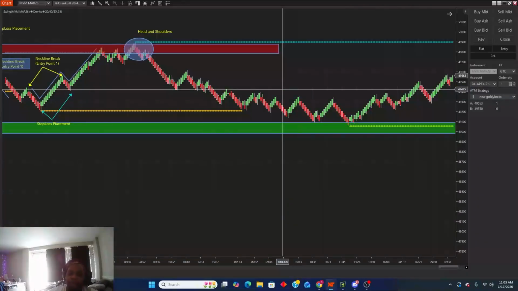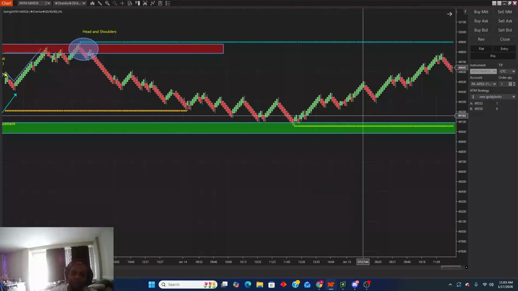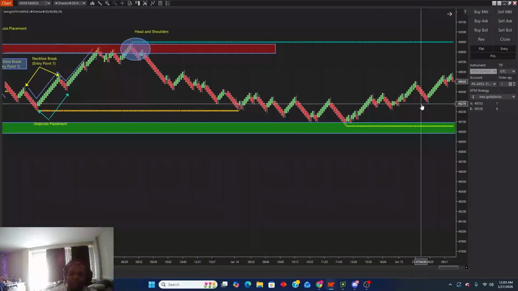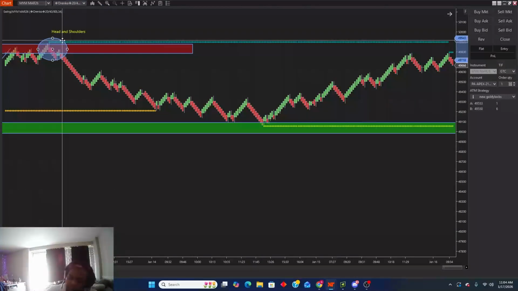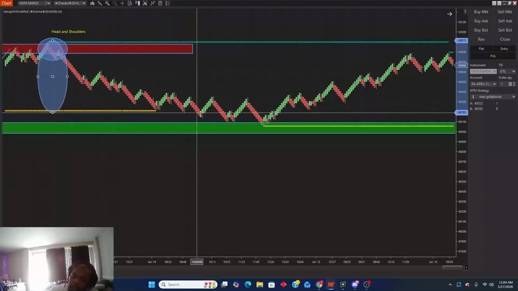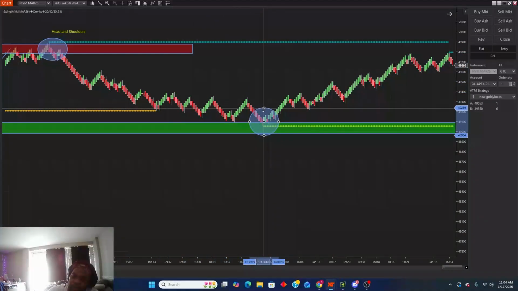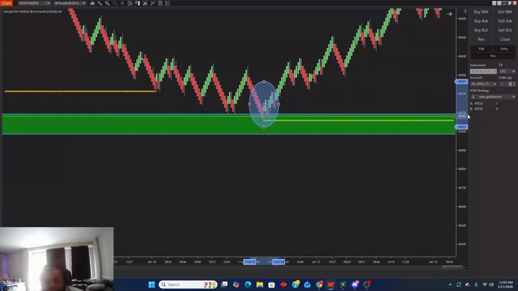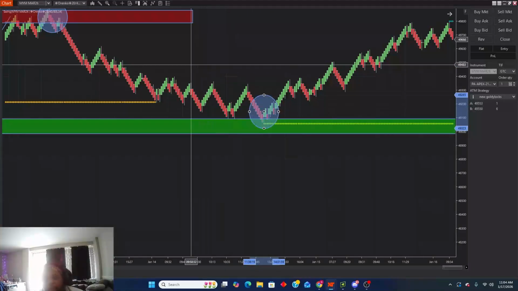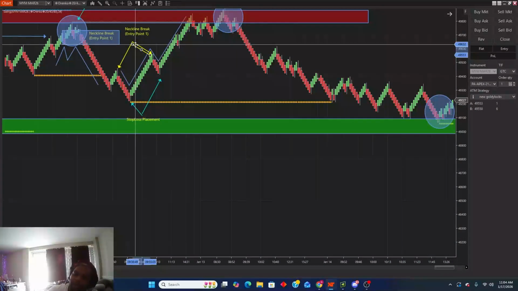Now that you have that, a new pattern is formed. W's. We love W's. W's on support equal what? Buy patterns. The more W's you see, the more it doesn't want to go down.